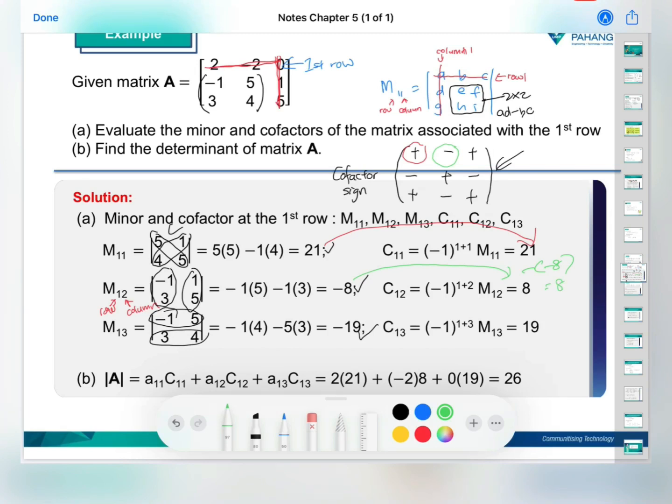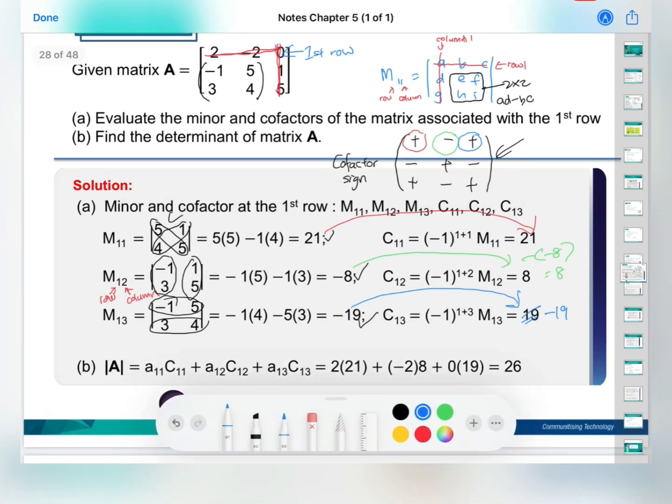Then M13 is again positive, so whatever the value of your minor, if it's negative 19, then it will be negative 19 as well. The cofactor sign here is positive, so whatever value of minor will be the value of your cofactor.